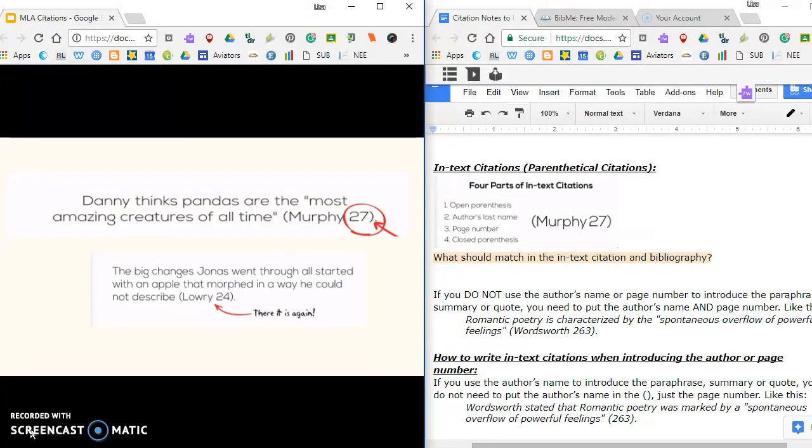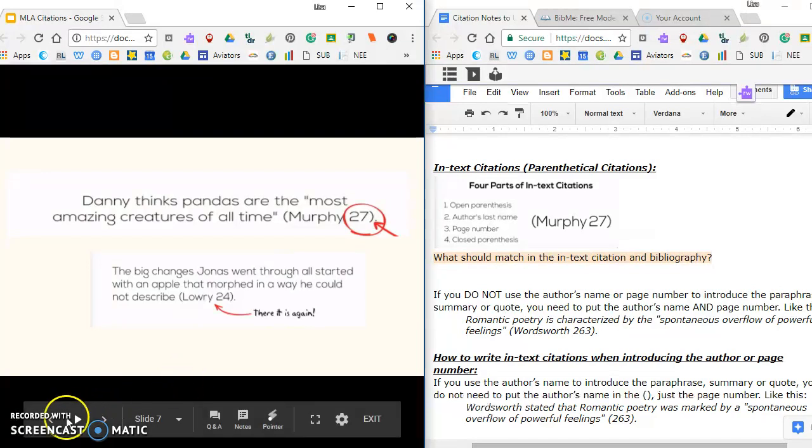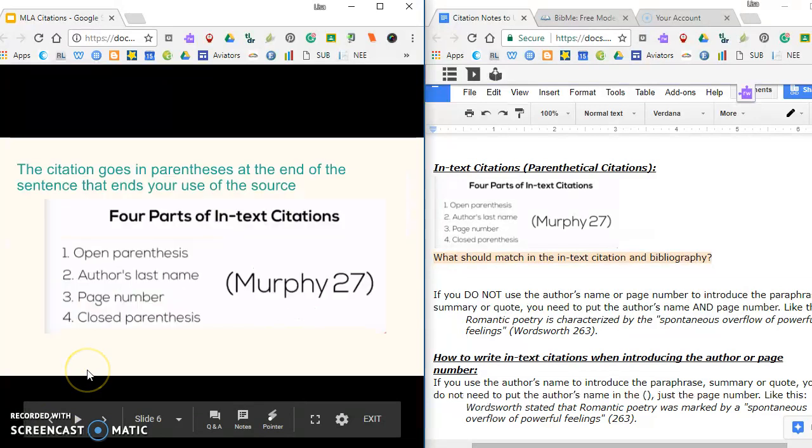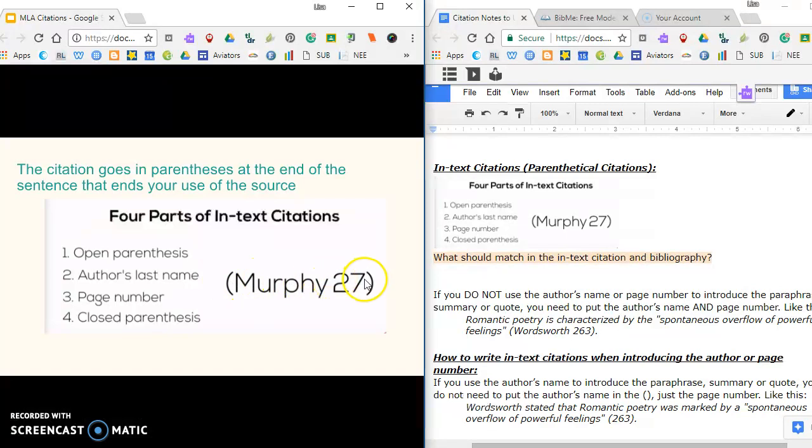Really, you may actually have 4 or an additional 5 things as part of your in-text citation: an open parentheses, author's last name, page number, close parentheses, and then we're always going to add our punctuation. Not in front of the in-text citation, it will always go at the end, and it usually is always going to be a period. You shouldn't be adding any kind of crazy punctuation at the end of our in-text citations.